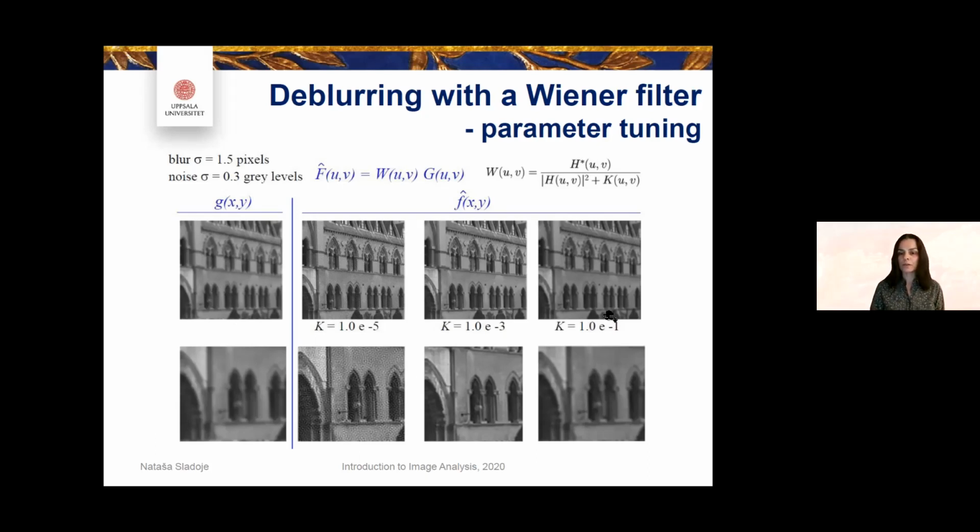If we use a relatively higher parameter k, then we are not removing enough of blur, so this is still quite a blurred image. But it is possible to balance this, to find the suitable level of k, so that we actually get quite a good result without artifacts and with no undesired blur. So Wiener filter can really produce a very good result. However, tuning this value k may be a challenge and certainly has influence on the quality of this result.